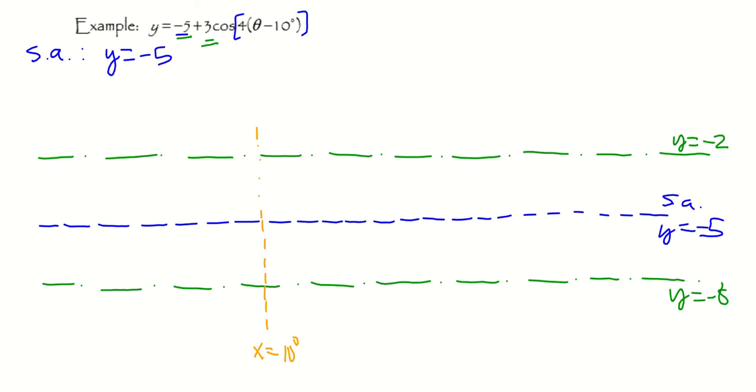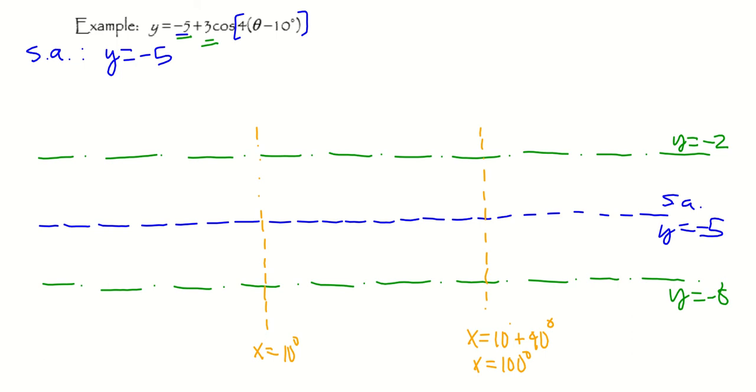And then I'm going to mark the length of the period with another dashed line, about 2/3 of the way. That's going to be at x equals where I began, 10 degrees, plus my period, which was 90 degrees. So that's going to be at x equals 100 degrees. If I were doing this on paper, I would do this in pencil so I could go back and erase some of it later.